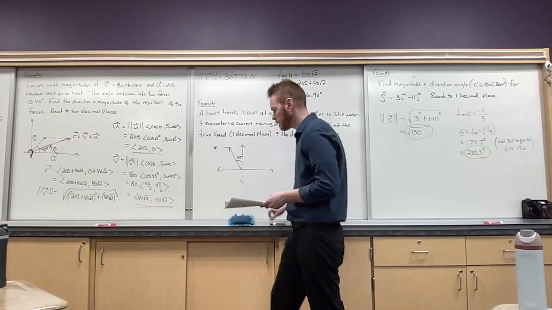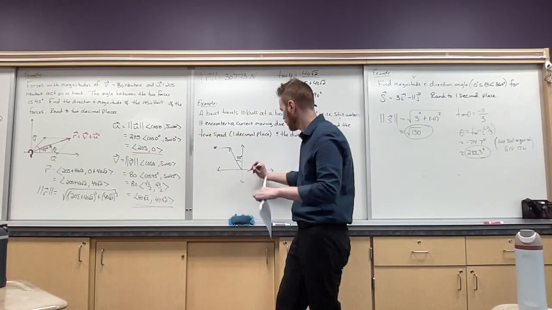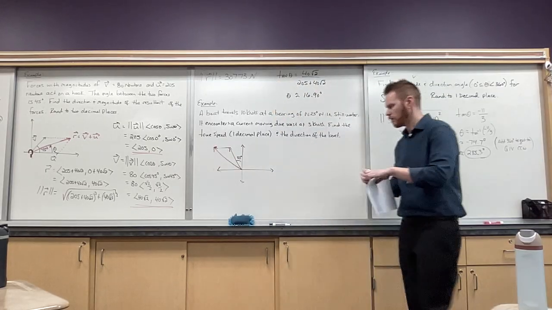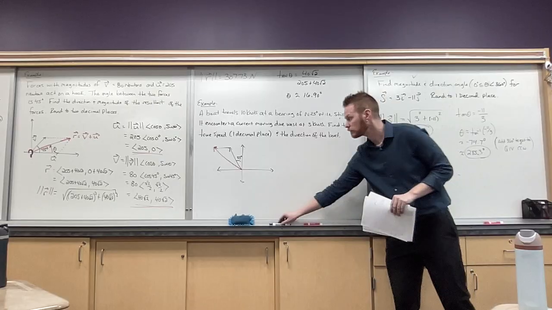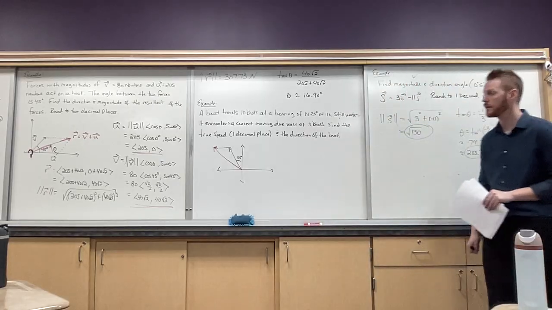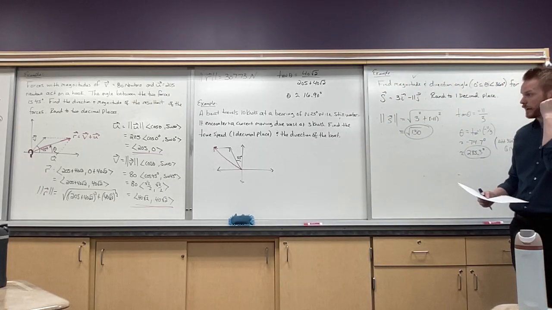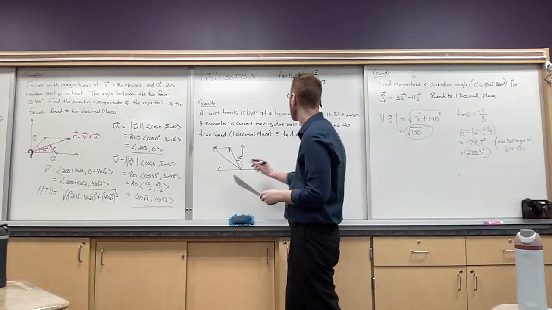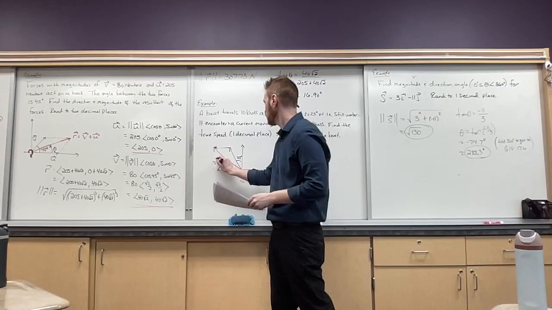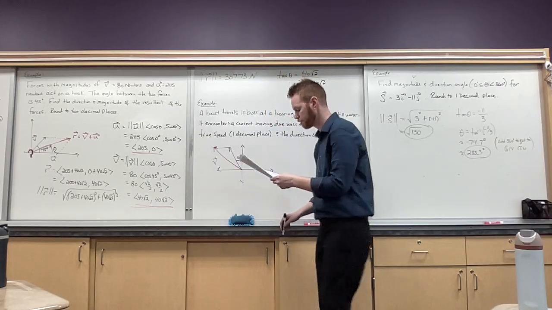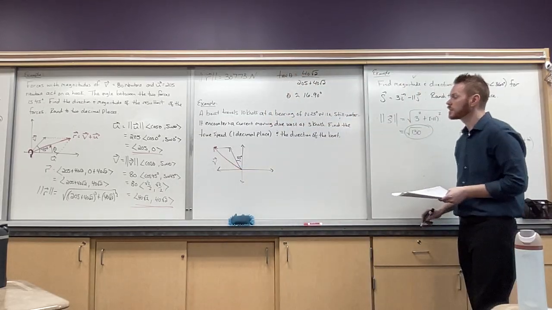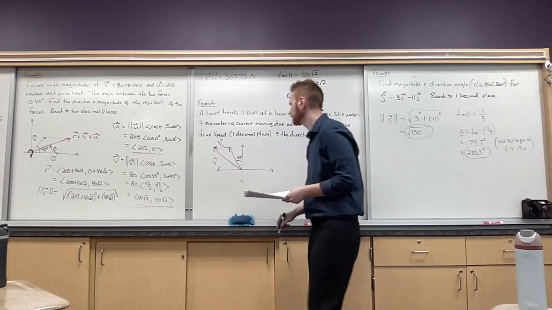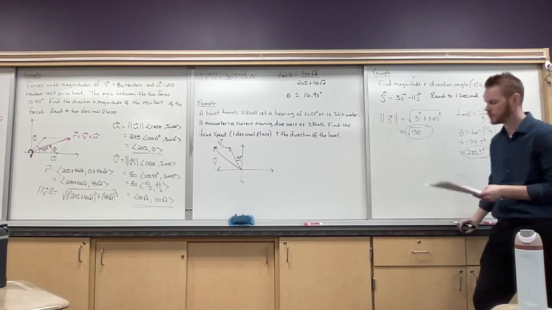So here's what we're going to try and find. This right here, which is in pink, is the direction of the boat now. By adding those two vectors together, that's what I want to find. Where is it heading now? I don't think they named anything, so we'll just call that vector B. Okay? So that's what we want to figure out here. So let's say the current, call it vector C, put a little C there, just so we have some notation.